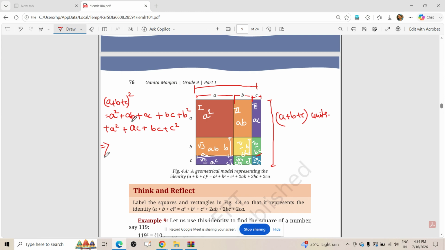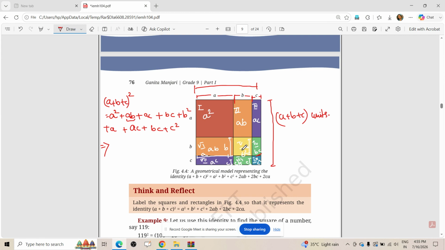Now we can observe that we have AB here also, and is there some mistake? Why we have written here AC? After B square we don't have A square, right? Here it is a mistake. It is not A square, it is like the sixth part. It is AB, right?